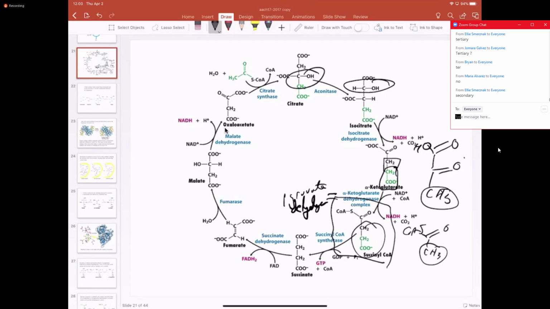Once you make fumarate, you then just add water across the double bond with fumarase. You make malate, you oxidize malate, again, to get high energy electrons out, and then you end up with oxaloacetate, and the cycle goes on. And so that's how the cycle works. That's a generic overview of this particular pathway.